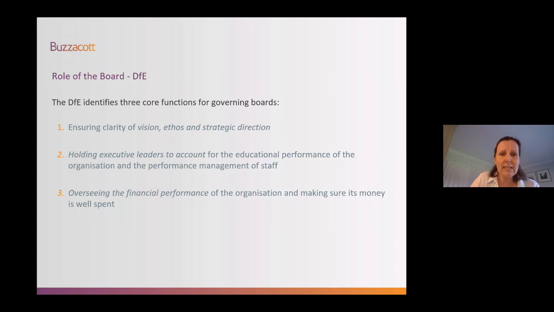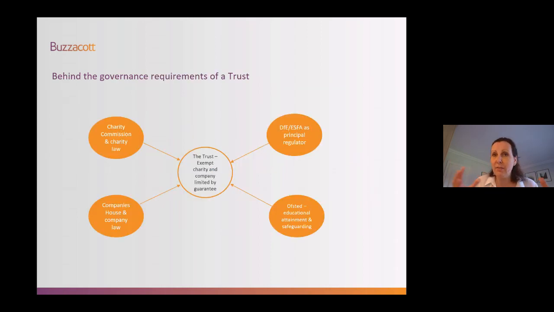If we dig into that a little further and understand some of the varying elements of the demands of regulators relating to governance for a trust. At times there are competing demands from the regulators, the DFE via the ESFA being the key body here, your principal regulator.